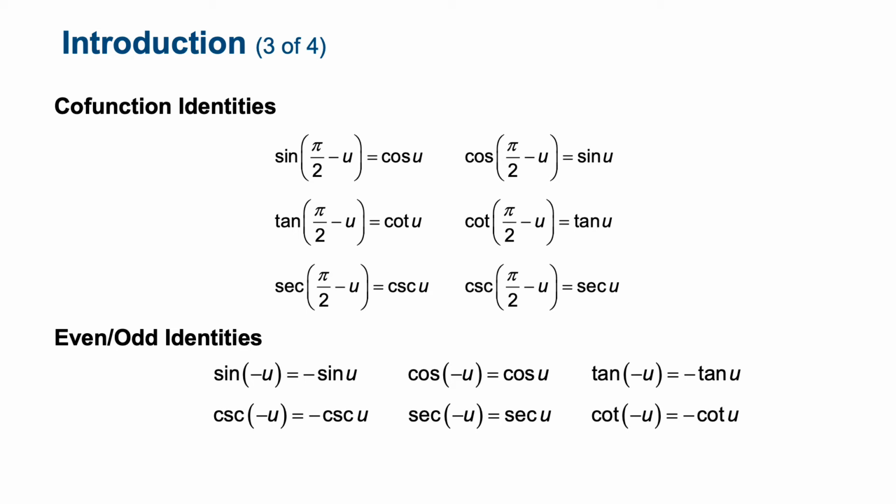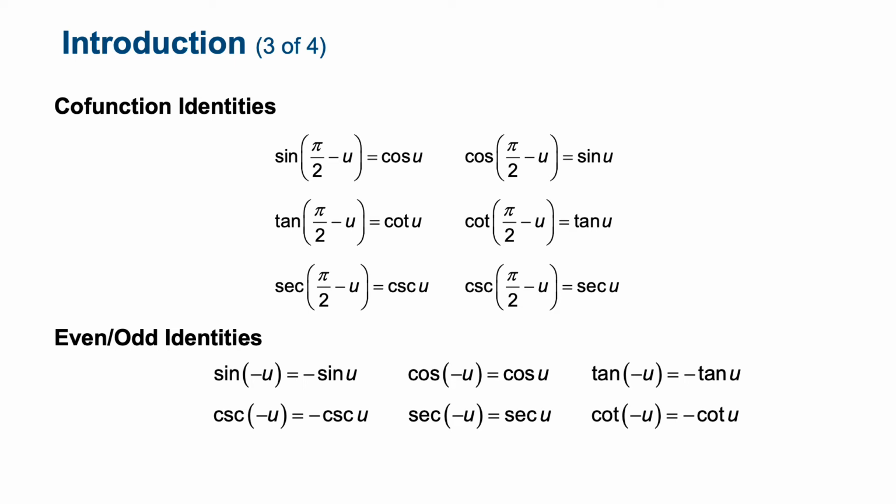This can be shown if you draw the graph and shift it by pi over 2; you can see what happens. Let's see what else. Tangent and cotangent are cofunction identities, so tangent of pi over 2 minus an angle is equal to cotangent, and the same thing goes for secant and cosecant.